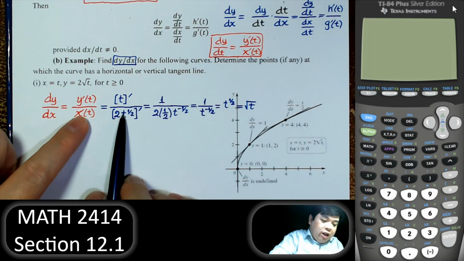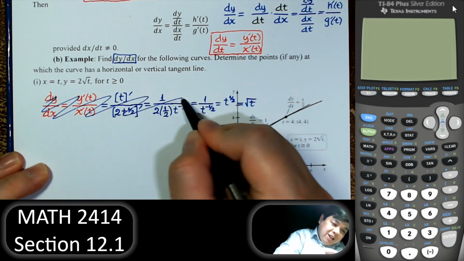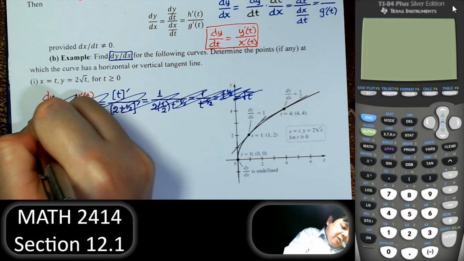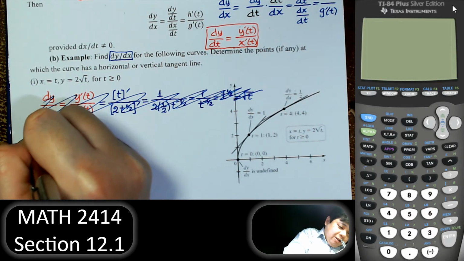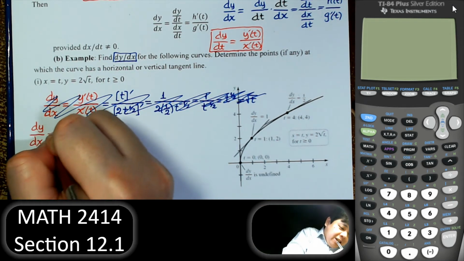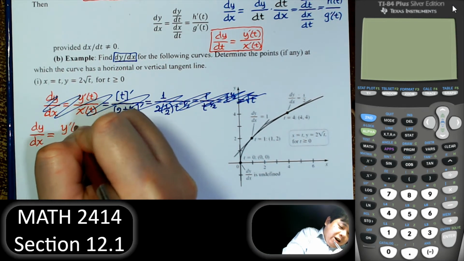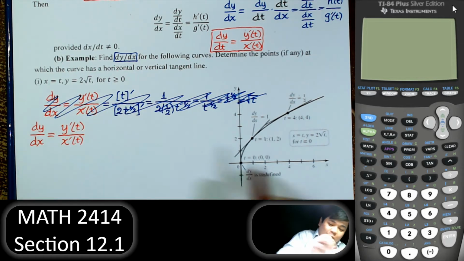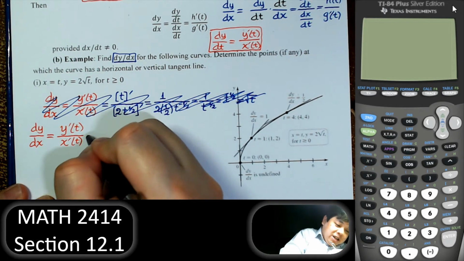Y prime, I should have this. And the formula is perfectly fine. I just do that. Right, don't make this mistake.